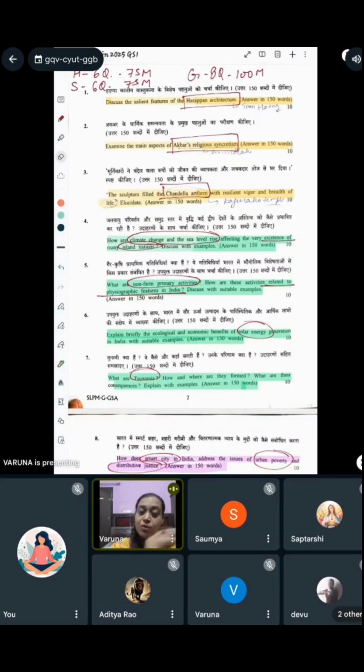If so, then the question paper would have been comparatively easier for us. But otherwise, if we have not seen the PYQs, if we are not very thorough with the PYQs, then it might be difficult for us to be prepared with the topics and perform well in the exam, right?